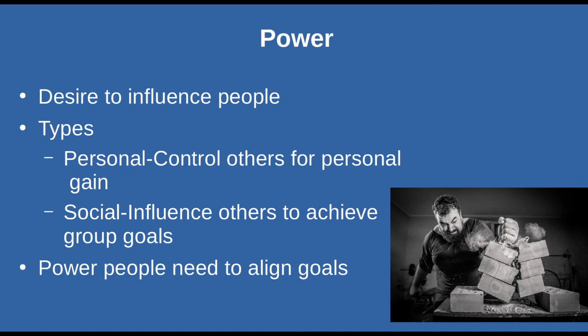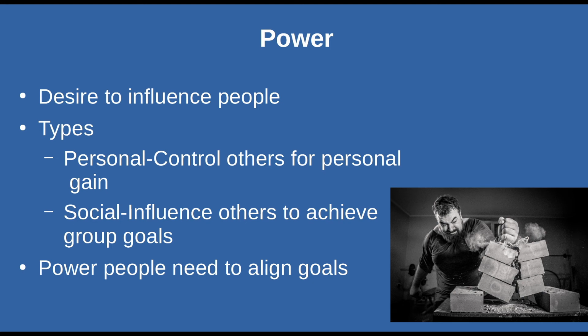So personal power is controlling others, influencing others, if you will, for personal gain. Almost like a Machiavellian type approach to getting things done. They're in it for themselves, and they're going to connect with people for the purpose of influencing them to achieve their own goals.